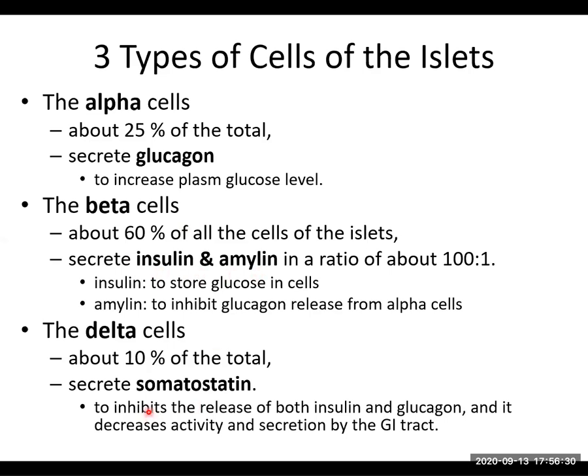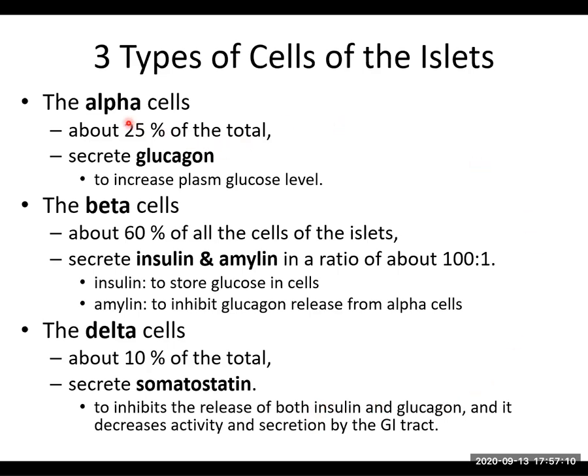As for somatostatin, it has an inhibitory function. It will inhibit the alpha cell from producing glucagon, and inhibit the beta cell from producing insulin and amylin. It can also decrease the activity and secretion of the gastrointestinal system. Basically this is slowing down our body's metabolism, not at the cellular level, but at the organ level.